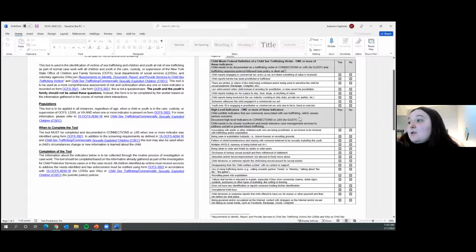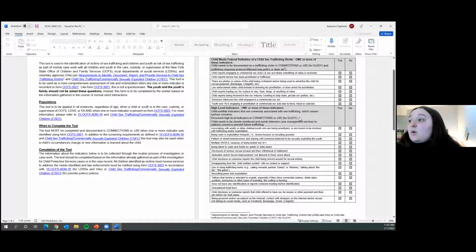High level indicators can be seen as: the child is associating with adults or other children who are known to be involved with trafficking or exploitation, being seen in exploitation hotspots, street homelessness, multiple AWOLs, being taken to clubs and hotels by adults or older peers, disclosure of serious sexual assault then withdrawal of the statement, abduction or forced imprisonment, the child or someone else reporting the child being moved around for sexual activity, disappearing from the child welfare system, using slang trafficking terms, recruiting peers, those tattoos again, and they don't have their identification: their birth certificate, social security card, passport or driver's license if they have them, unexplained hotel keys.